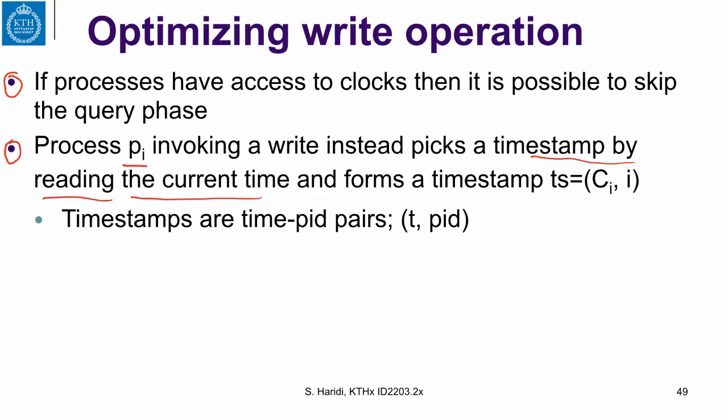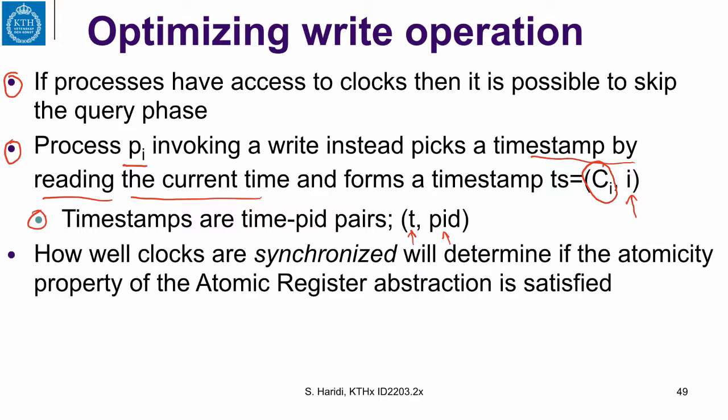This is the current time of its own clock, the value of the local clock at this moment, and this is the process ID. The timestamps are now timestamp-PID pairs. So how well the clocks are synchronized will determine whether we can implement linearizable atomic registers or not. As written here, how well the clocks are synchronized determines whether the atomicity property of linearizable registers is satisfied or not.